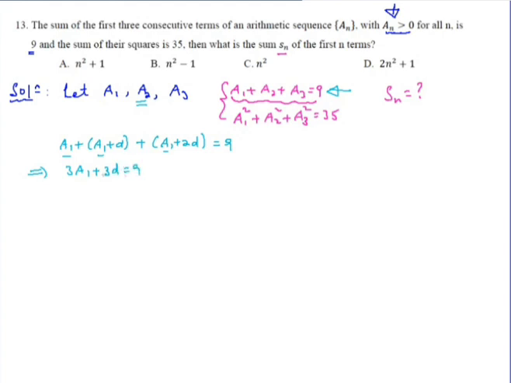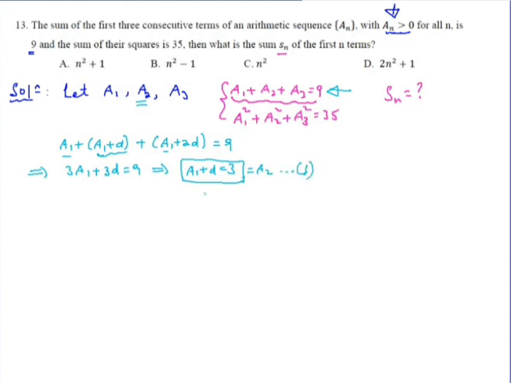Dividing by 3, we get A1 plus D is 3, the first term plus the common difference is 3. Let's take this as equation 1. A1 plus D can also be replaced by A2.